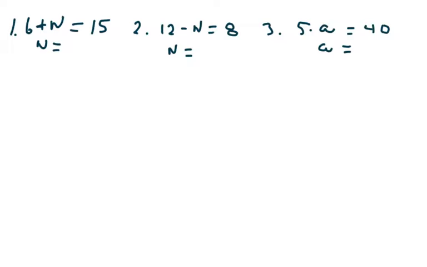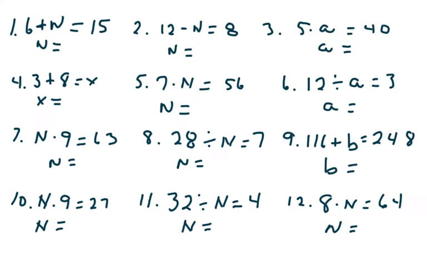Here are some problems with variables in them. I want you to find the number for the variable that makes the sentence true. I'm going to put some more problems on here, but I want you to do the page where you solve the problems, and then the teachers will answer any questions you have and check these out.